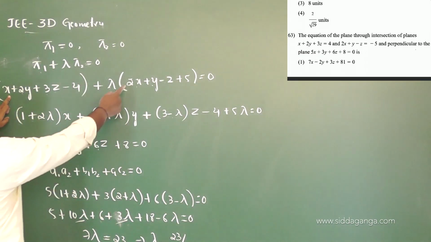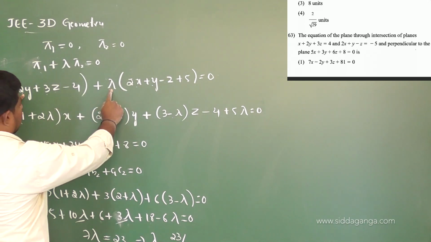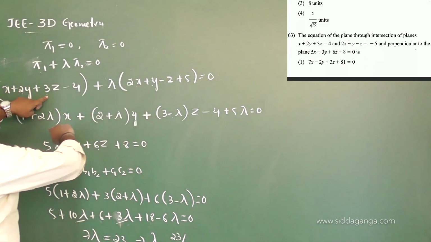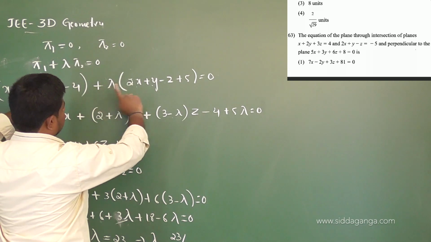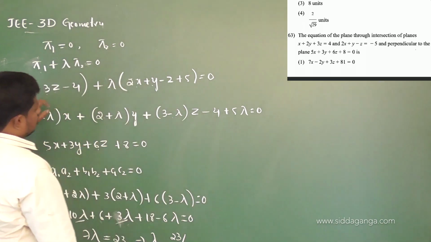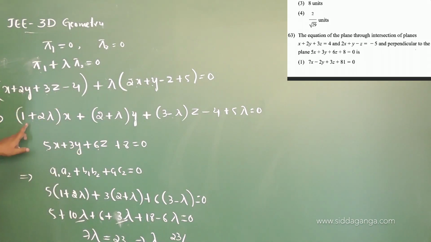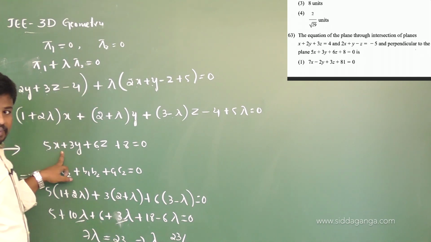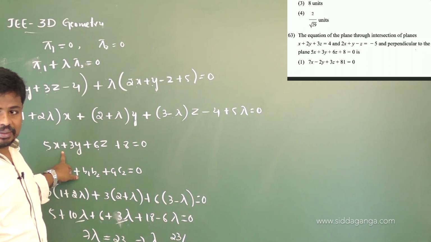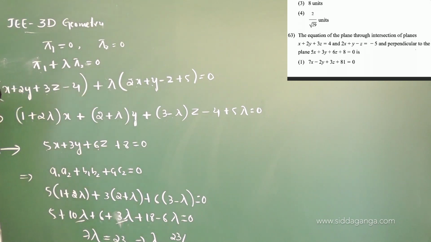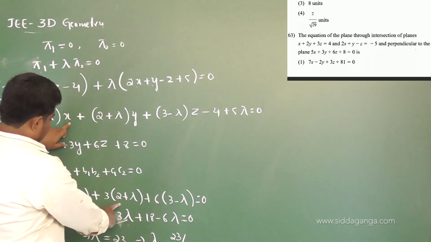This is 1 plus 2 lambda, right? 2 plus lambda, and 3 minus lambda into z. Okay. So 5x plus 3y plus 6z plus 8 equal to 0 is the correct one. So 5 into this, next 3 into this, right?